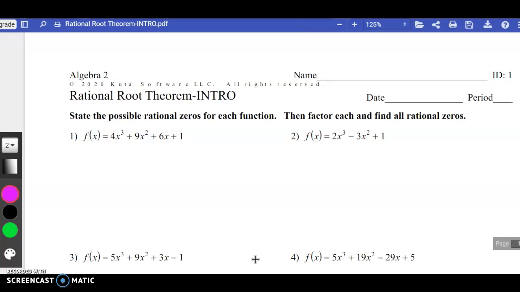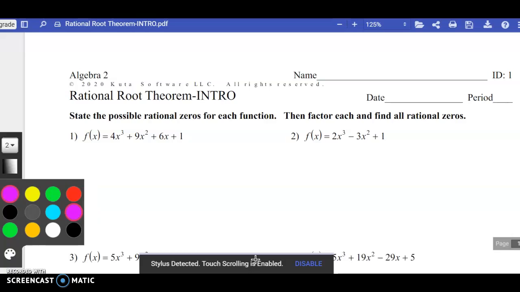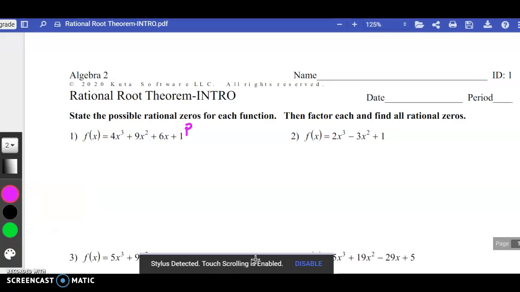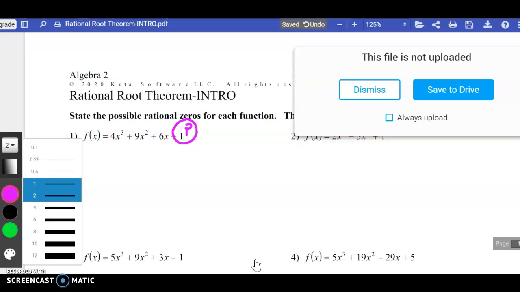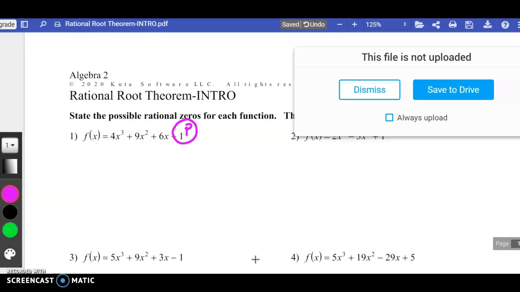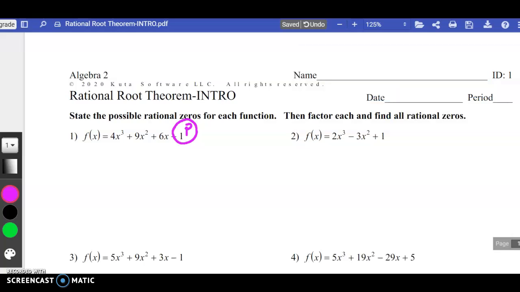So I'm on number 1, and I'm looking at 4x cubed plus 9x squared plus 6x plus 1, and I am going to label p. Ooh, that is way too thick. Let me thin that out a little bit. And I'm going to label this up here Q, and that is the number 4.